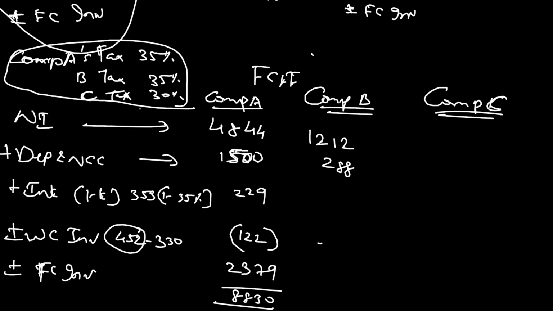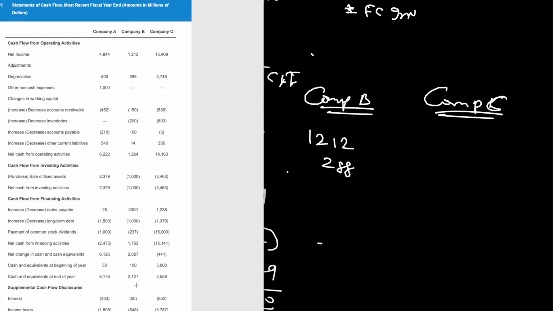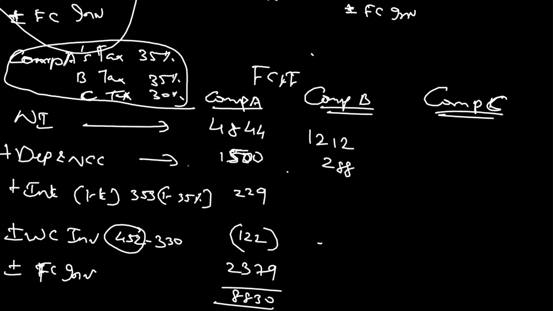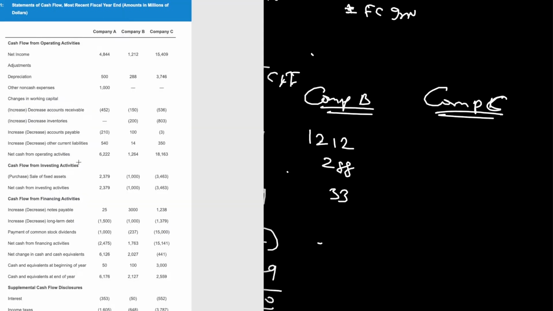Tax rate I'm using 35%. Interest is 50. So 50 into 1 minus 35%, if we calculate, it will come to 33. Okay, so 33, and then next one is plus or minus working capital investments. So working capital here, this is in minus, so total minus is 350, and this is in plus 114.